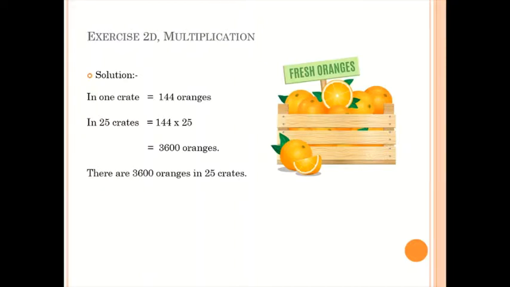Single digit multiplication, double digit multiplication, multiplication of 2 digit numbers, 3 digit numbers, word problems, multiplication by 100, multiply by 10, and then 3 numbers to multiply, change the order.